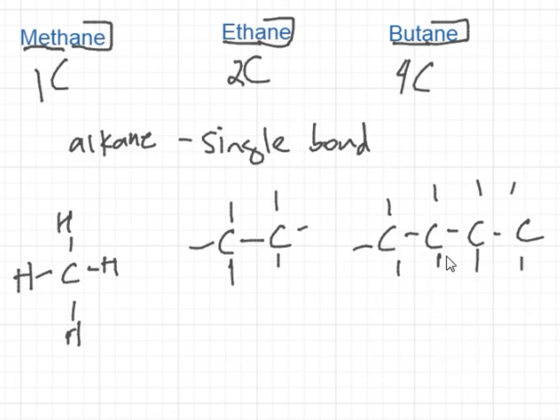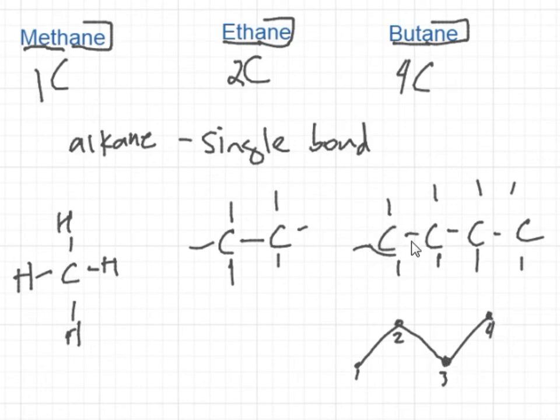We can also represent this, especially the butane, using the skeletal formula. So if there are 4, it should be 1, 2, 3, and 4. So let's count it. We have 1, 2, 3, and 4. Now each segment or end represents the presence of carbon atoms.